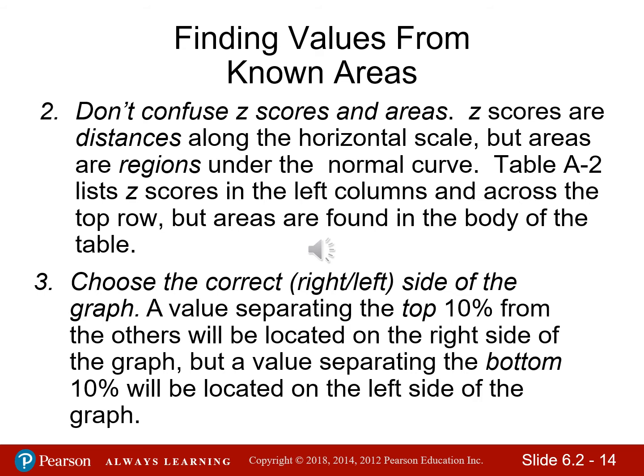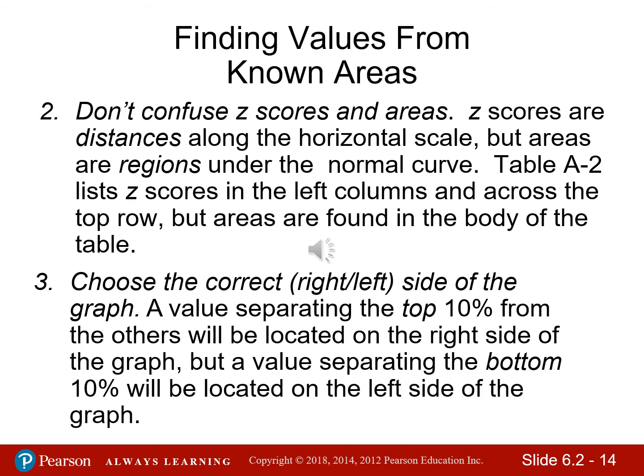Z-scores are the distances along the horizontal axis, but areas are those regions underneath the normal curve. Table A2 lists z-scores in the left column and across the top row, but the areas are found in the body of the table. And 3, choose the correct left or right side of the graph.